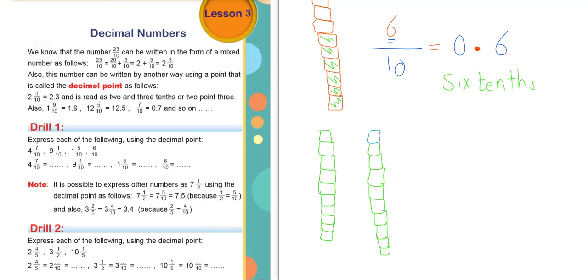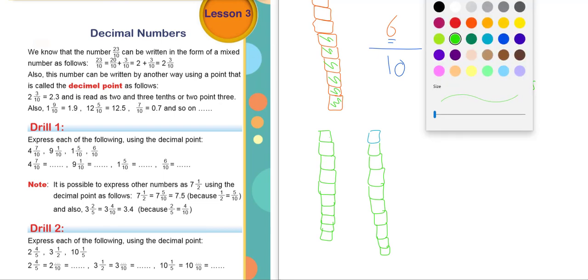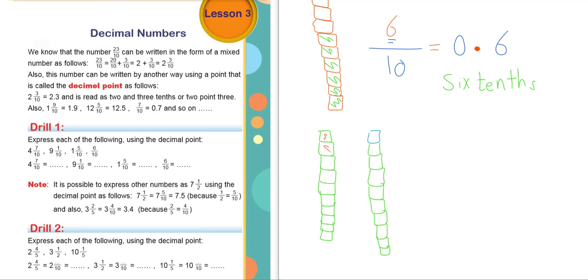Then I colored all these 10 blocks of the first column, but in the second I just colored 1, 2, 3, 4, and I wanted to express this by fractions or by a mixed number.